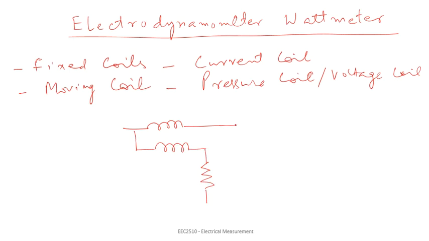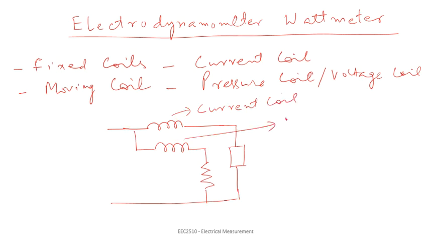These are the different parts of an electrodynamometer type wattmeter. This is the current coil and this is the pressure coil or voltage coil. This is the load, and this is a high resistance which is connected in series with the pressure coil.